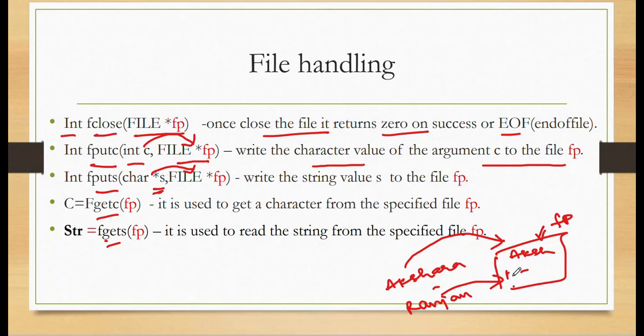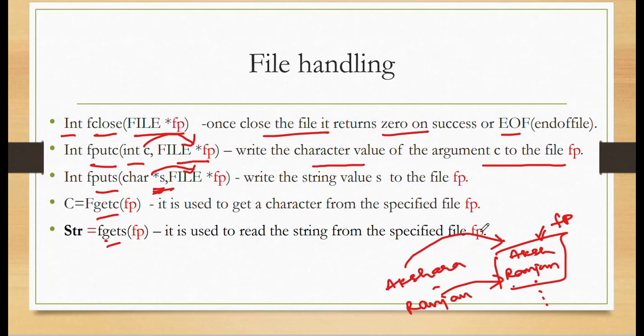So a set of strings is put inside the file. The syntax is fputs(char *s, FILE *fp). So this is how we can insert a character and a string into the file pointer.